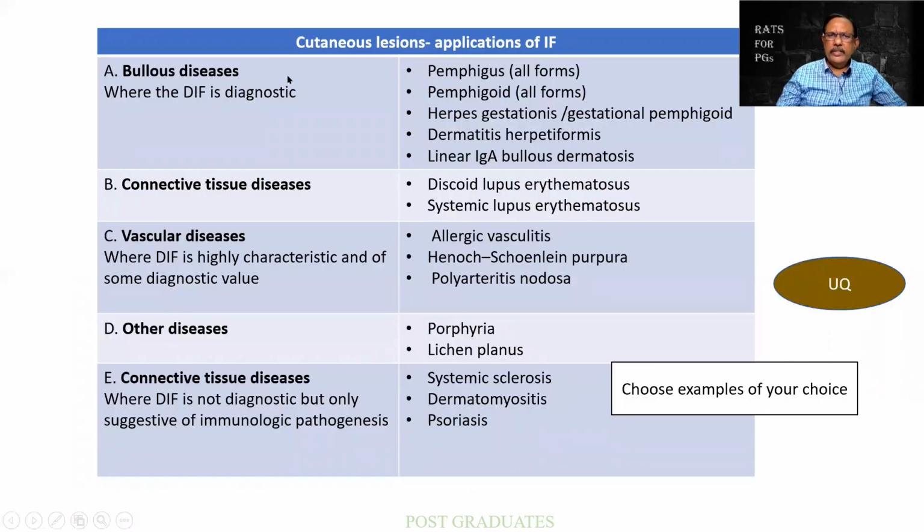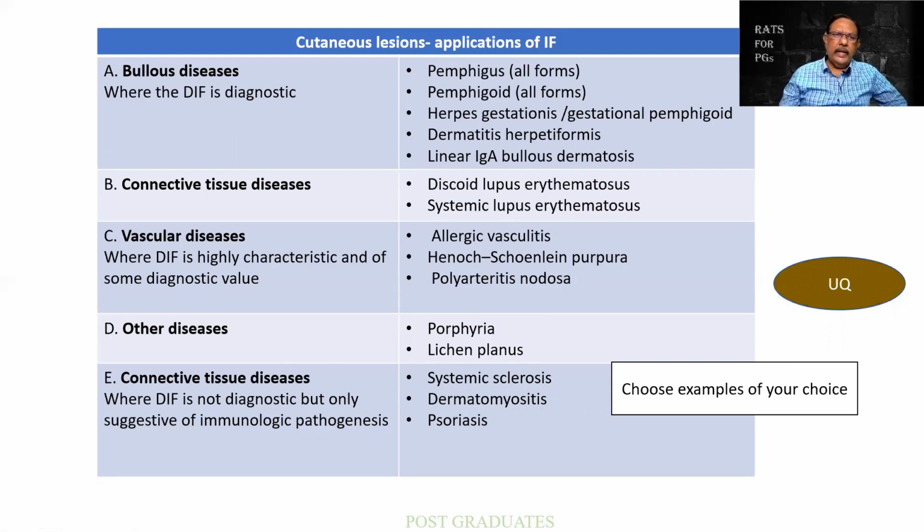So, in bullous diseases such as pemphigus, pemphigoid lesions, herpes gestationis, and dermatitis herpetiformis, linear IgA bullous diseases, all this can be used. Connective tissue diseases such as discoid lupus and systemic lupus erythematosus, vascular diseases, allergic vasculitis, Henoch-Schonlein purpura, polyarthritis, and other diseases such as porphyria, lichen planus, connective tissue disorders such as systemic sclerosis, psoriasis, dermatomyositis.